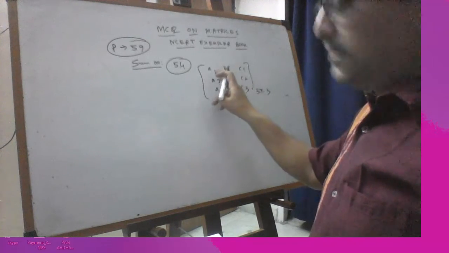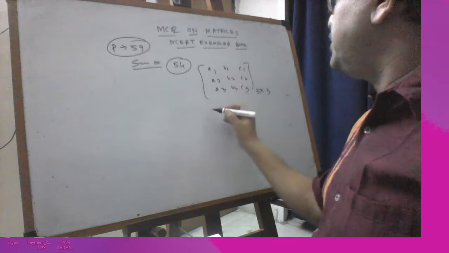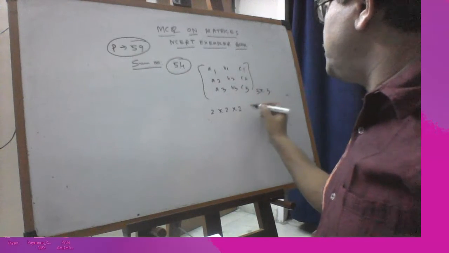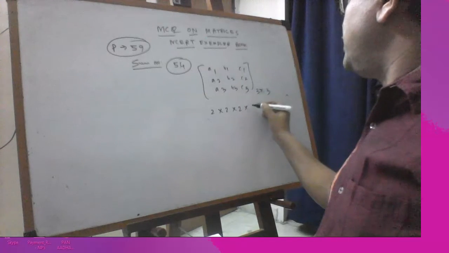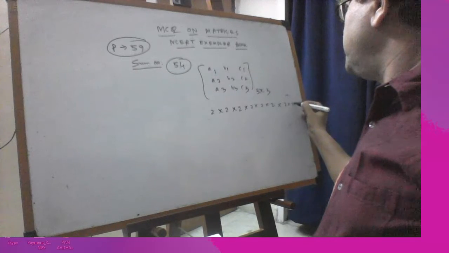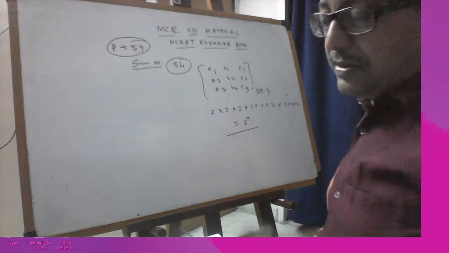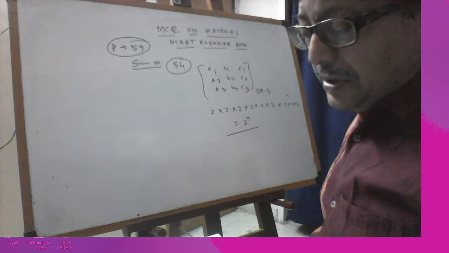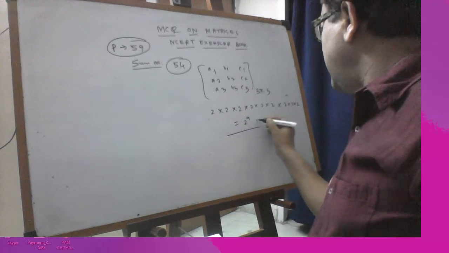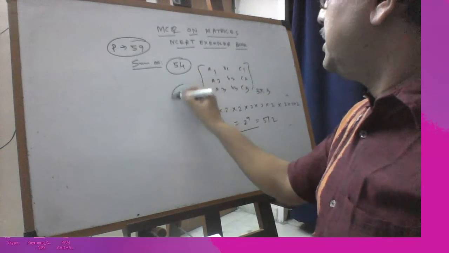We can take the entries as 2 or 0 only, so this place can be filled in 2 ways, this place 2 ways, and this place 2 ways. Here also it is 2 into 2 into 2, and the last row also 2 into 2 into 2. So there will be 2 to the power 9 ways. So the total number of possible matrices of order 3 cross 3 is 2 to the power 9, that is equal to 512. So here option D is correct.